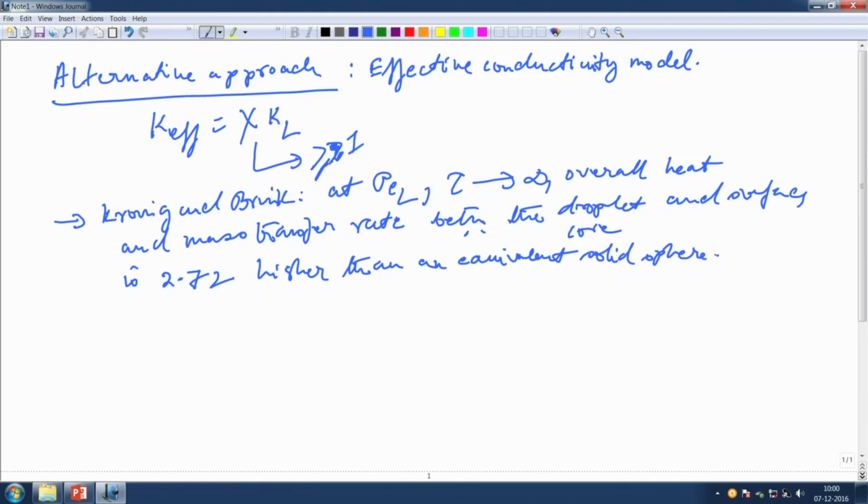Understood? So, that implies that this factor chi that we talked about is about 2.72.